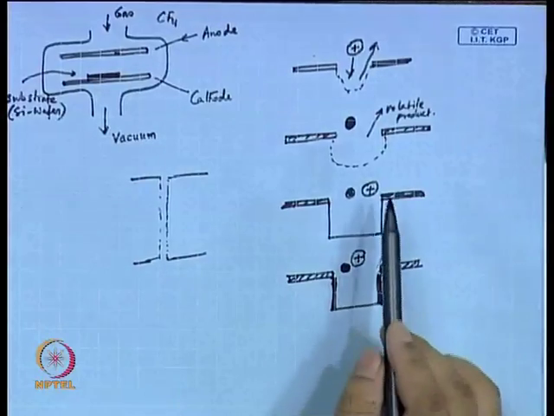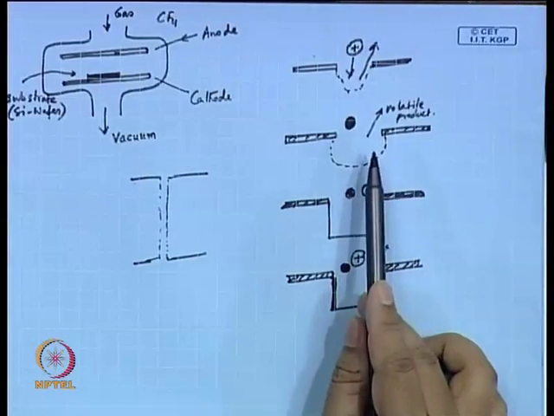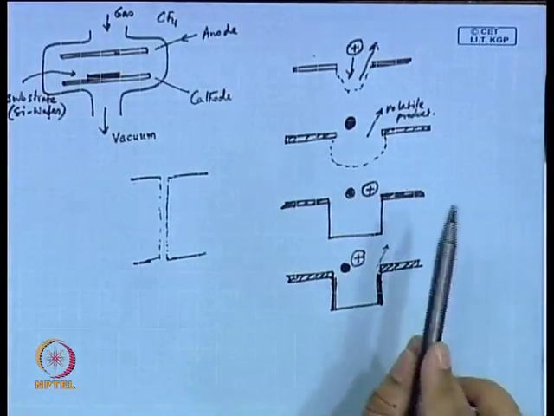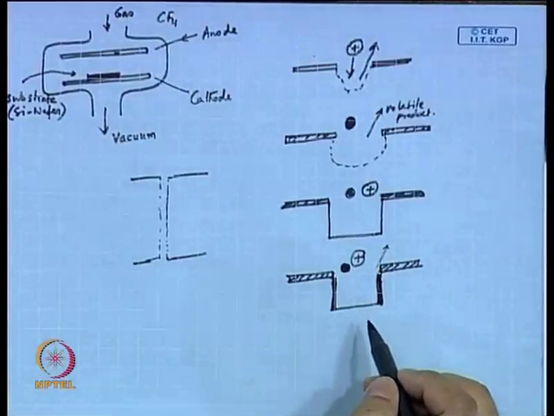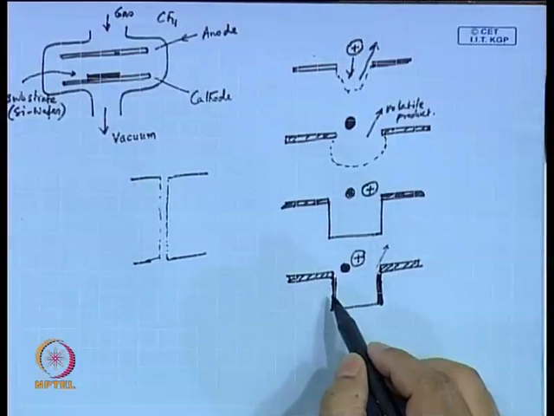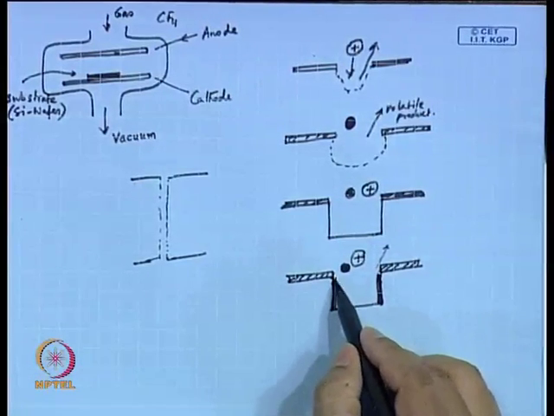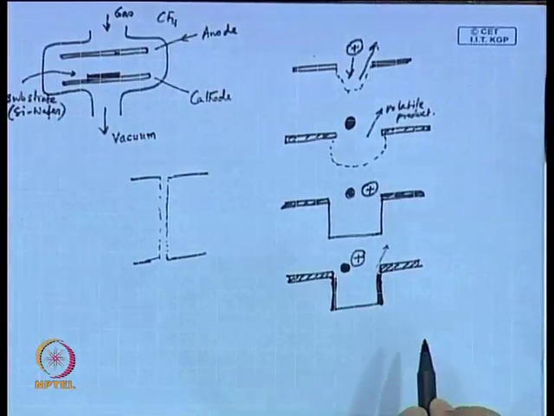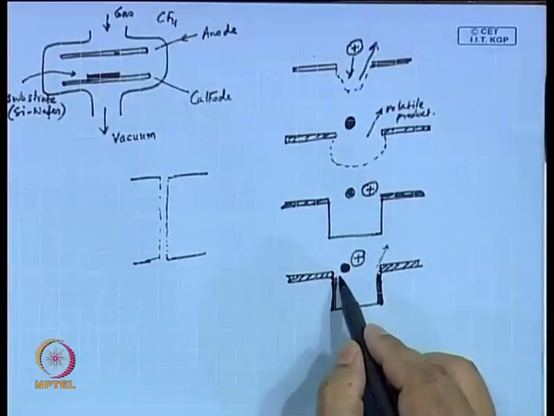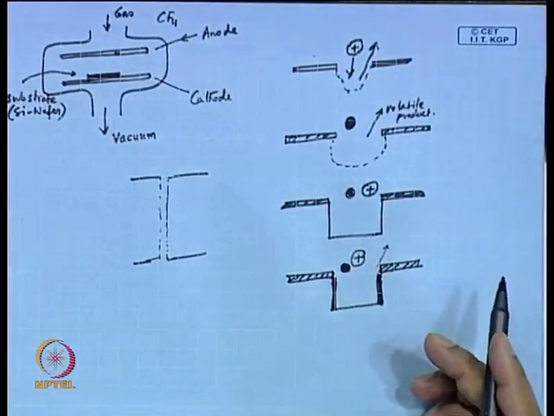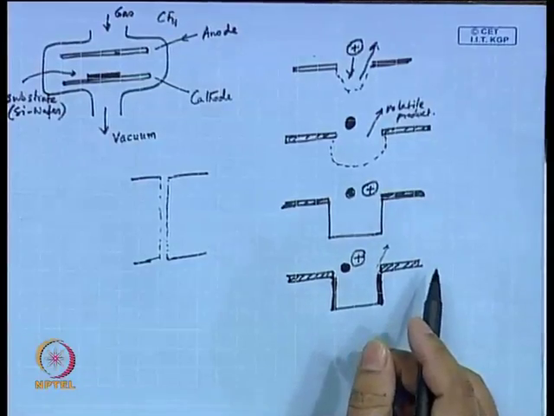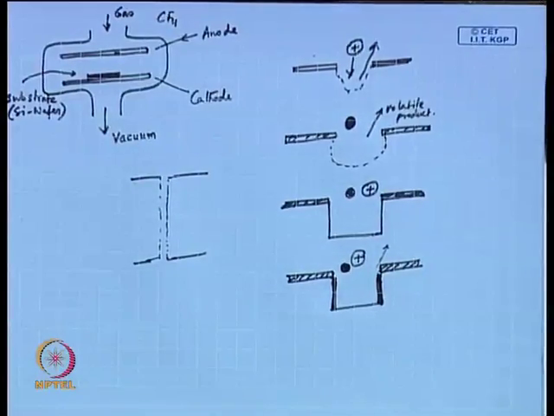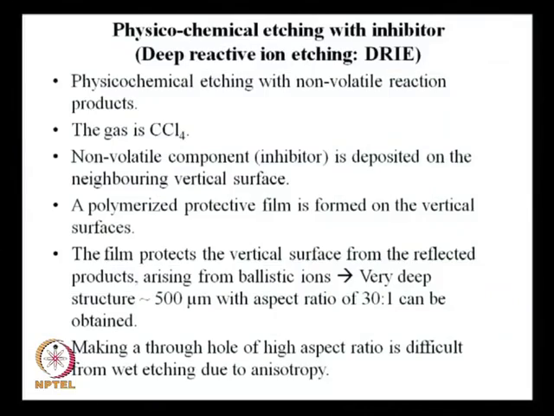In a chemical etching process, the product was volatile, so it could diffuse back from the surface. Here the product is not volatile, so it will be deposited next door. Next door is basically the vertical surface, because this product is trying to rise up, but since it is not volatile, it has to stay there itself. So, what you end up with is a polymerized protective film formed on the vertical surfaces.